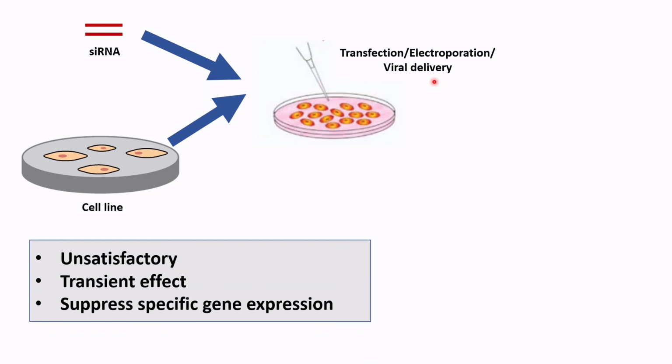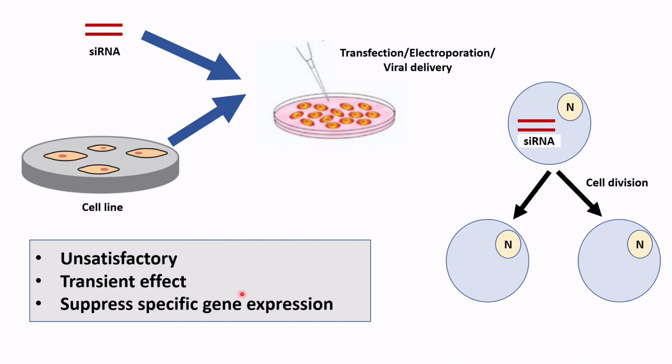Gene silencing by siRNA is often unsatisfactory, as the effect is transient, especially in rapidly dividing cells. Because siRNA enters the cytoplasm of a cell and works there.